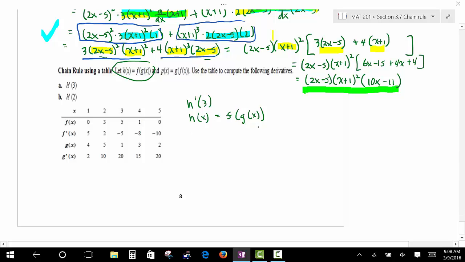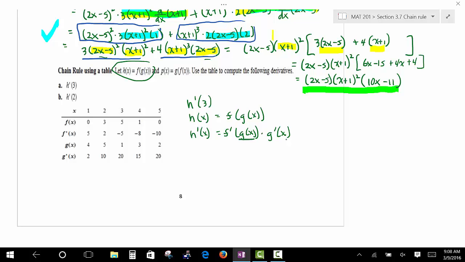Okay, so when we do the derivative of f of g of x, the chain rule says that you just do the derivative of that. But then you have to multiply by the derivative of what's inside, which is g prime of x. That's what you've been doing, okay? One of the things I did at the very beginning of this section is I gave you that rule. And I said you probably wouldn't understand the language of that until you did some problems.